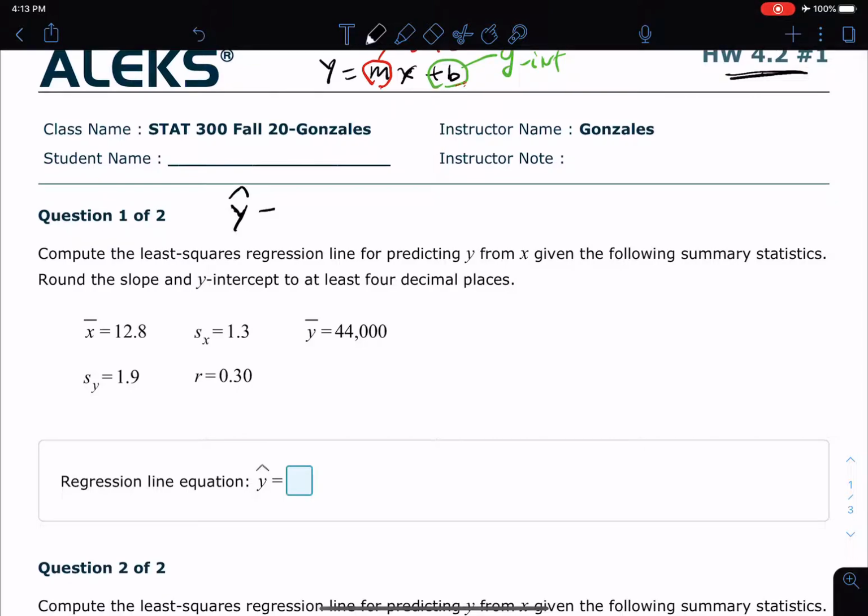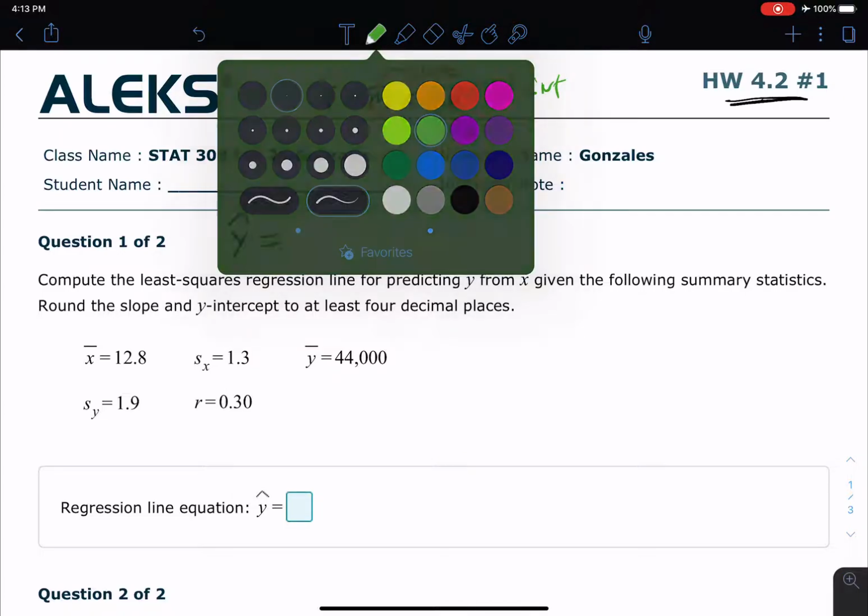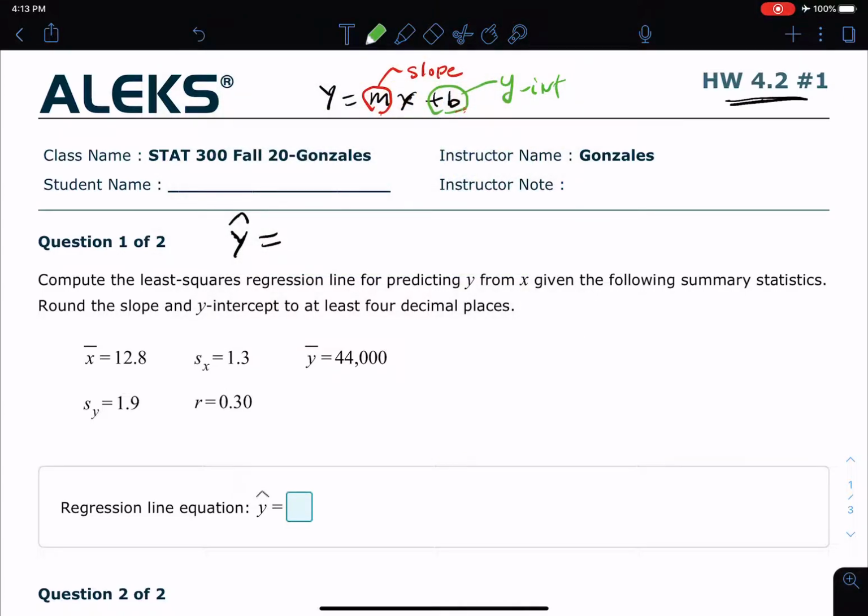The reason why I showed you this slope formula up here from algebra is that there's definitely some connection between the two. Y hat is a linear equation, and so is y equals mx plus b. I'm going to use green because our y-intercept is going to be written first, and it's called b sub 0. So that is the y-intercept.